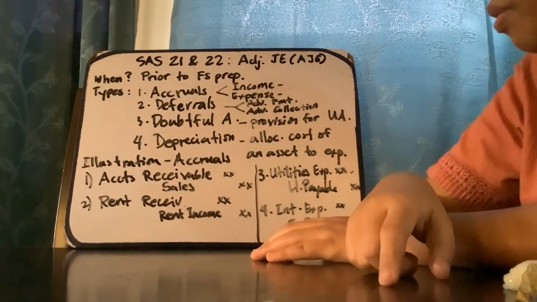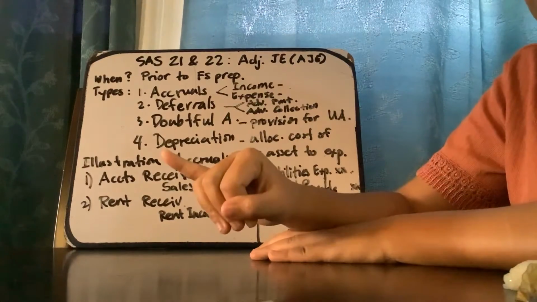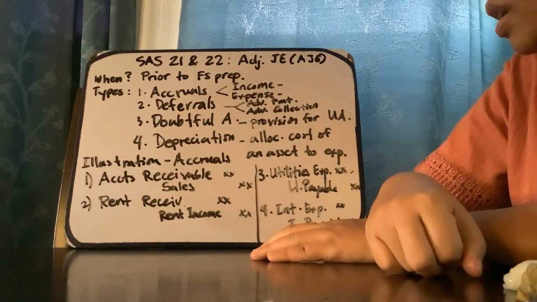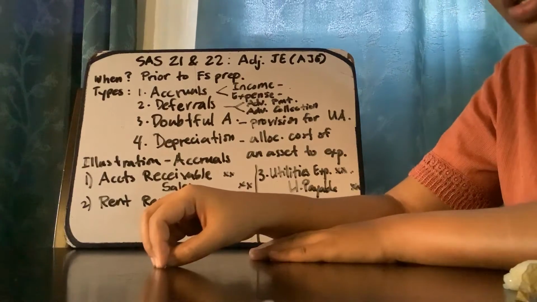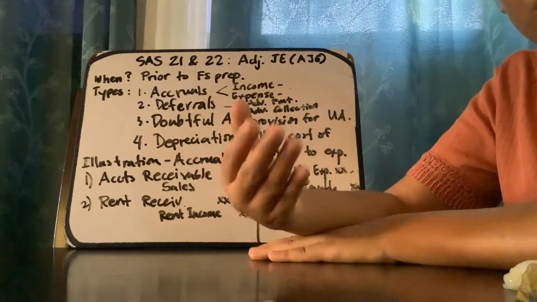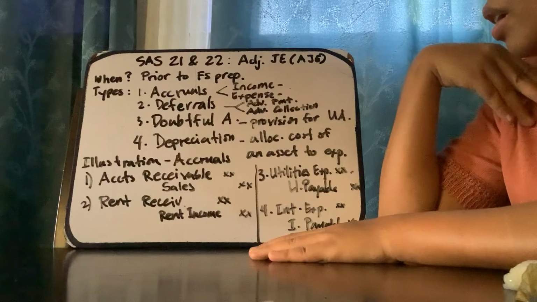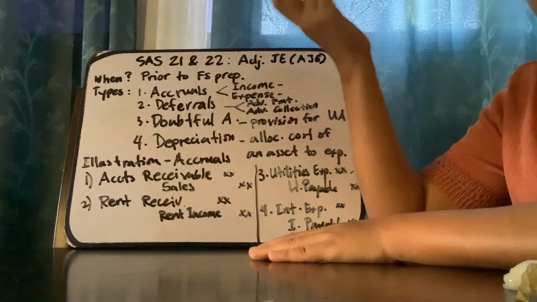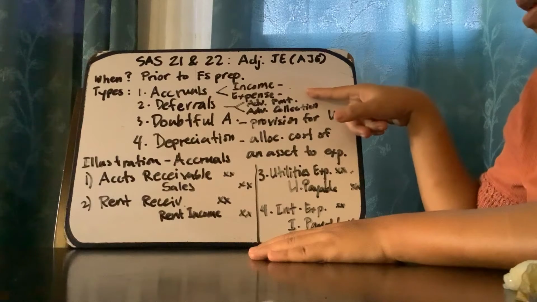Now, let's proceed to deferrals. Deferrals may either be referring to advance payment or advance collection. Advance payment, example would be your rentals. Diba? Usually, lessors collect advance payment of rent. On your part, you actually have options or methods on how to recognize advance payment.